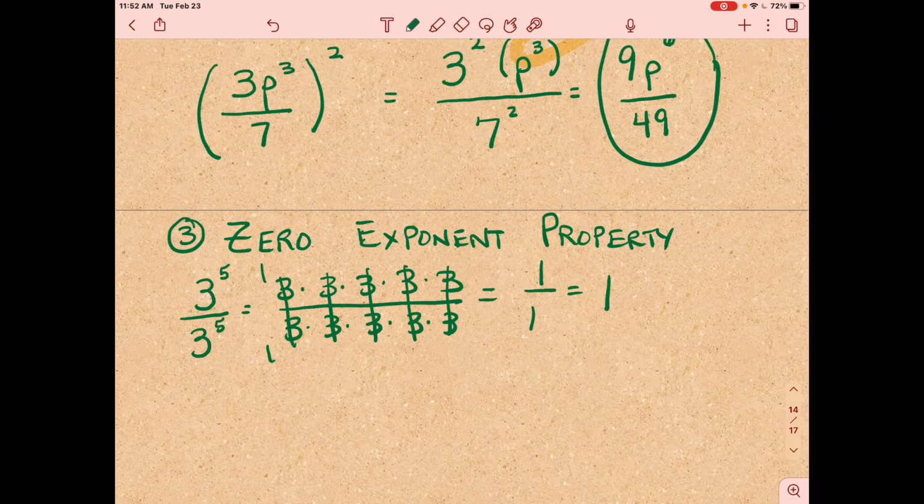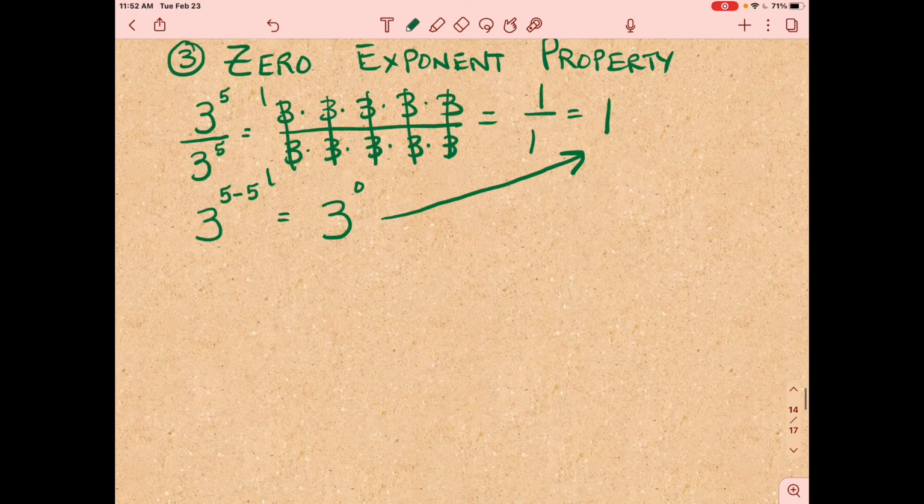If we apply the property we learned today, this would be 3 to the 5 minus 5, which would be 3 to the 0. So it doesn't become 0. What it becomes is 1. So the zero exponent property says that anything at all to the 0 power is equal to 1. So we might say a to the 0 equals 1.